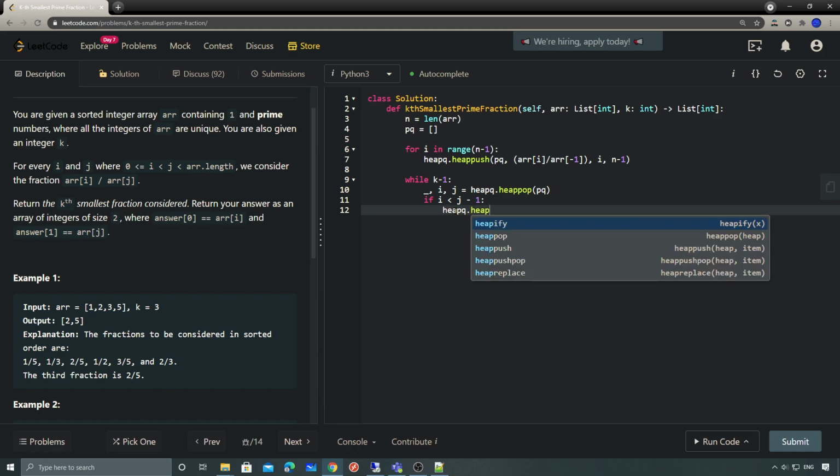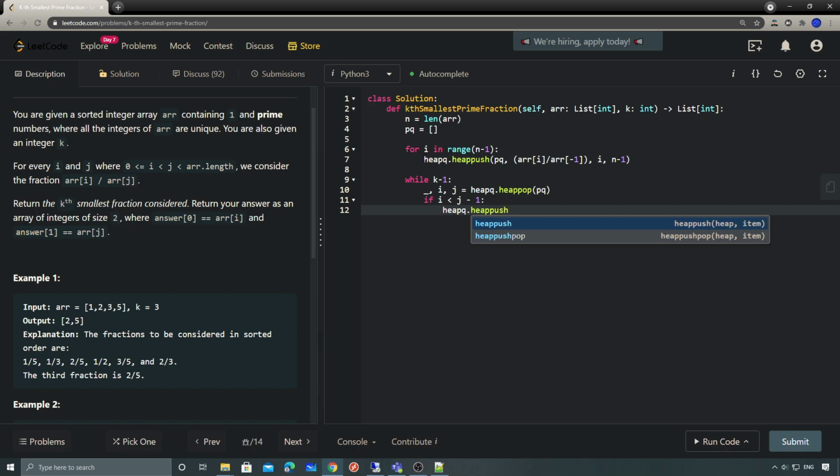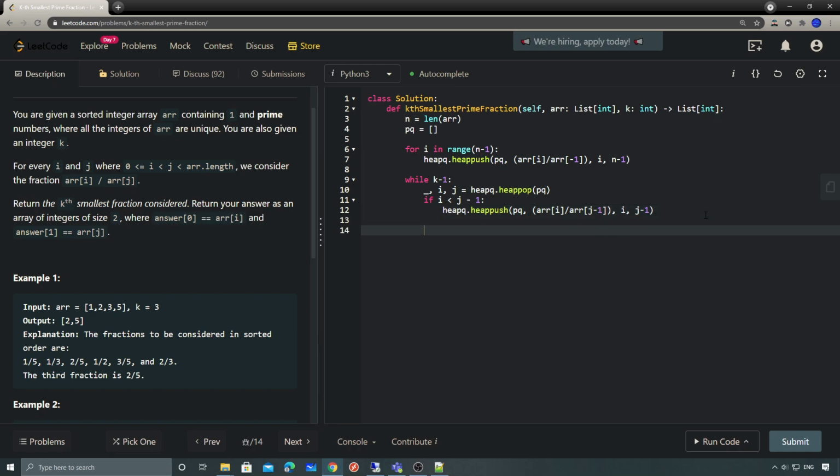So heapq dot heappush, and I can just copy this part here with a little bit of modification. We have j minus 1, because we're moving to the left, and this is also j minus 1. And then we decrease k by 1. Lastly, we simply return the two numbers at the first element of the priority queue, because that will be the k smallest one. So the first one is index 1, and the second one is priority queue 0 dot 2, right?